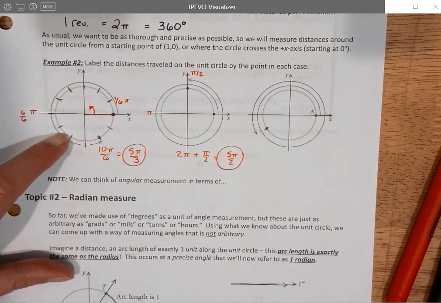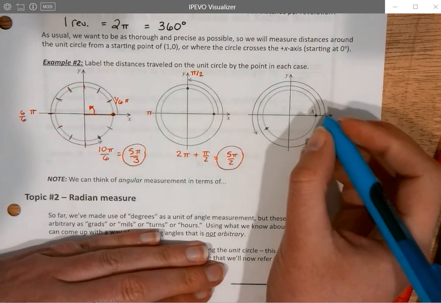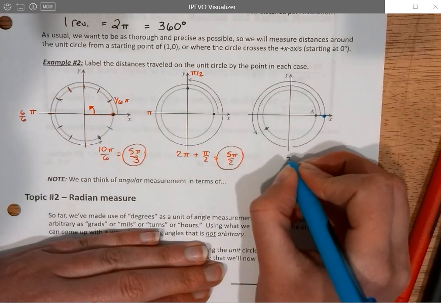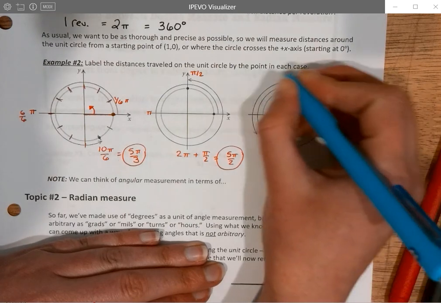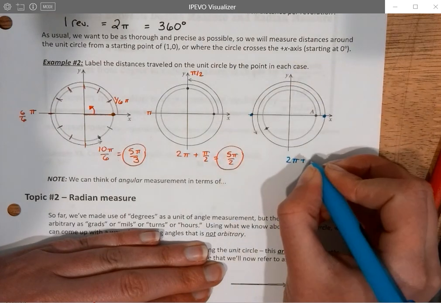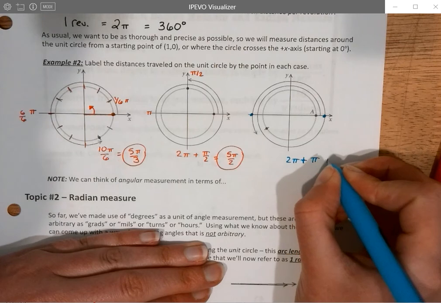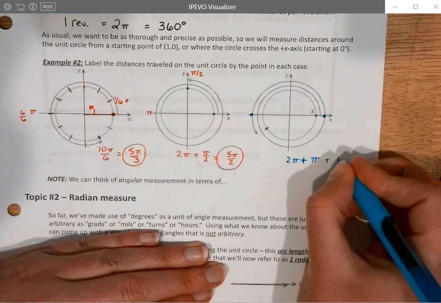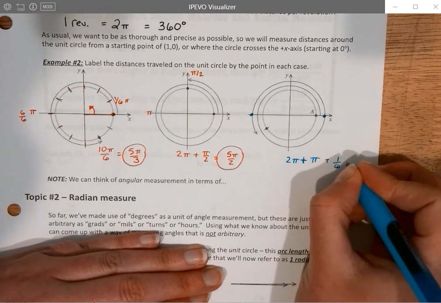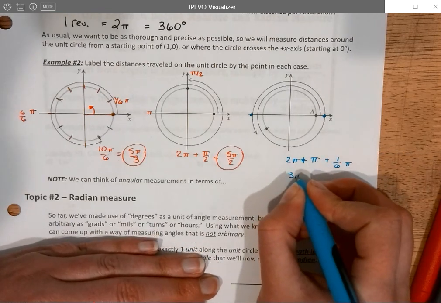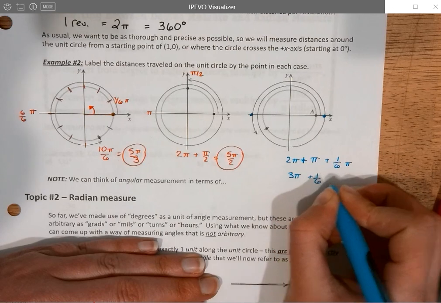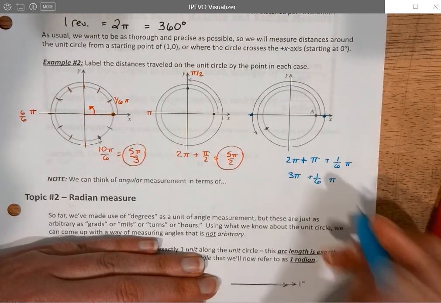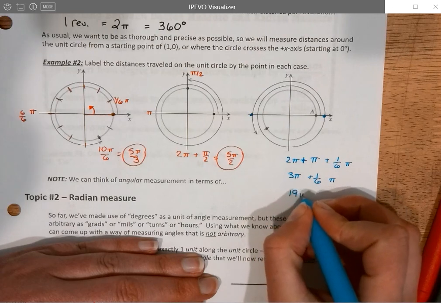So if I count up, I will have gone all the way around to get back to here, that's 2 pi, plus to get over to here again, that's another pi, plus, if that's a sixth, just like it was in the first graph, 1/6 of pi. So I have to add up 3 pi plus 1/6 of pi. So 3 times 6 is 18, and 18 plus 1 is 19 sixths. So 19 pi sixths would be the distance.